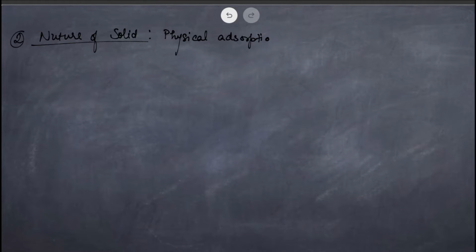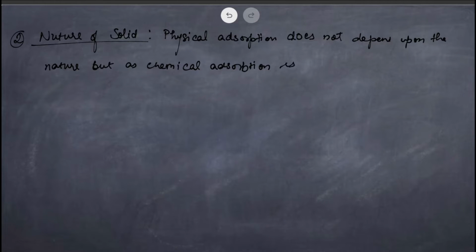So another factor is nature of solid. Physical absorption does not depend on nature, but chemical absorption is highly specific by nature.